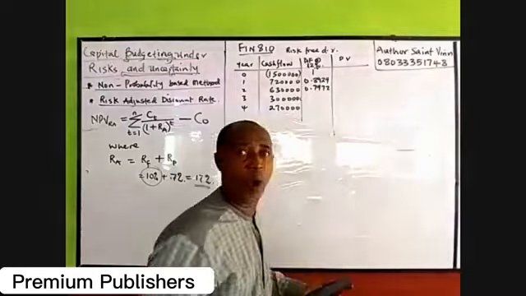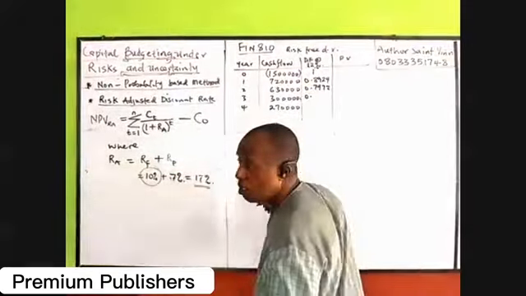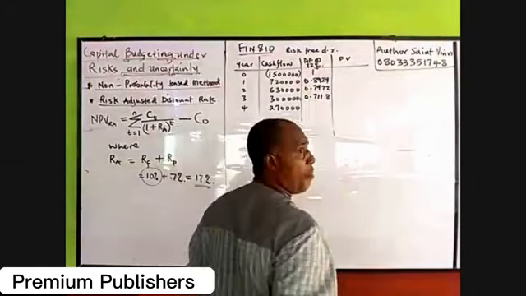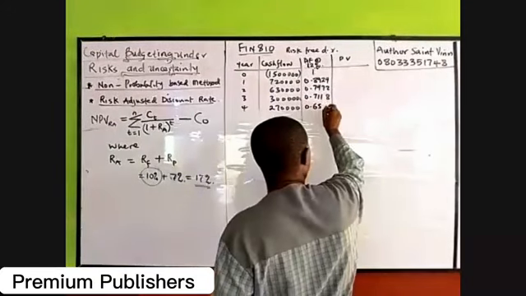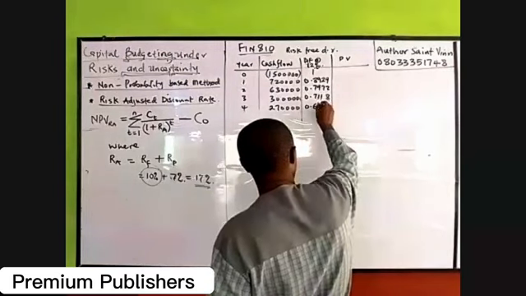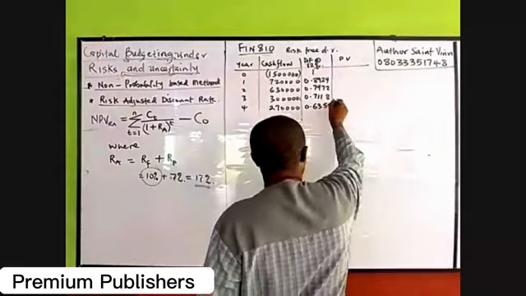Then divide that one also by 1.12 in case you don't have it. 0.7118. Divide again by 1.12. 0.6355.